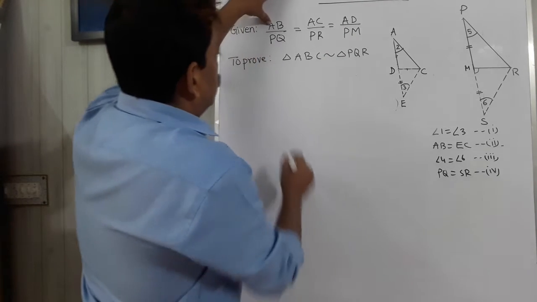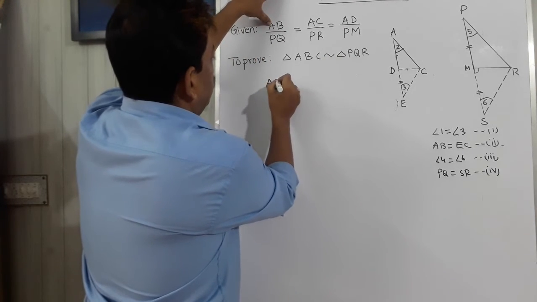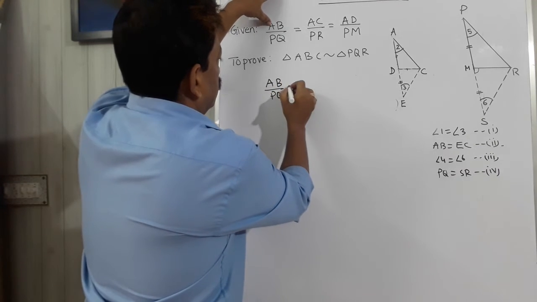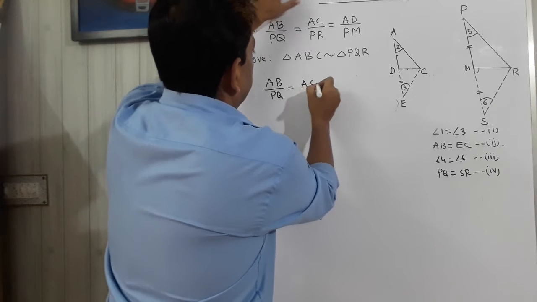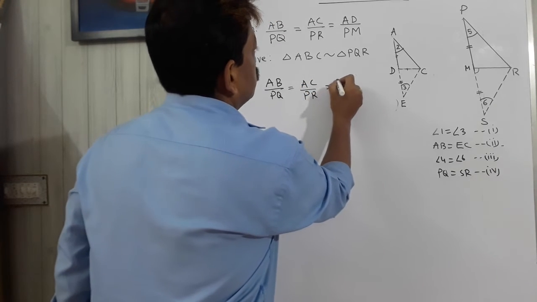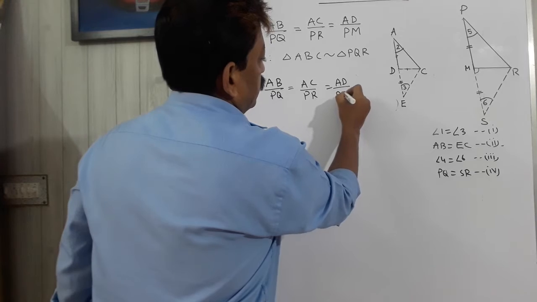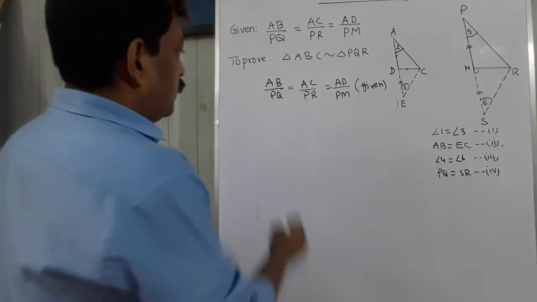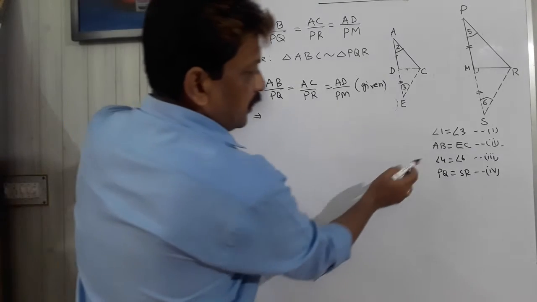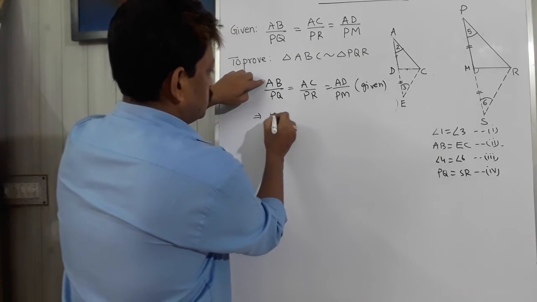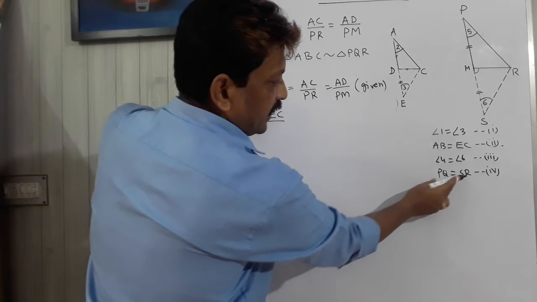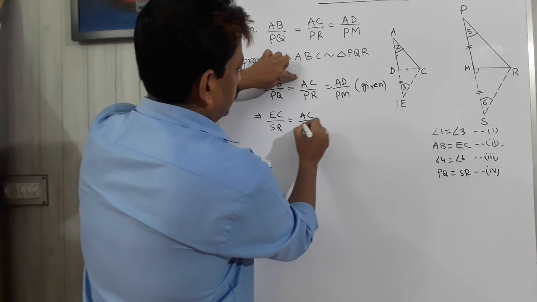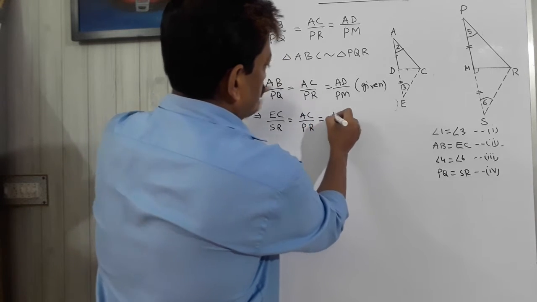First of all, I can write AB upon PQ is equals to AC upon PR equals to AD upon PM. This is given in the question. Now in place of AB, I can write EC, and in place of PQ, I can write SR, equals to AC by PR equals to AD by PM.